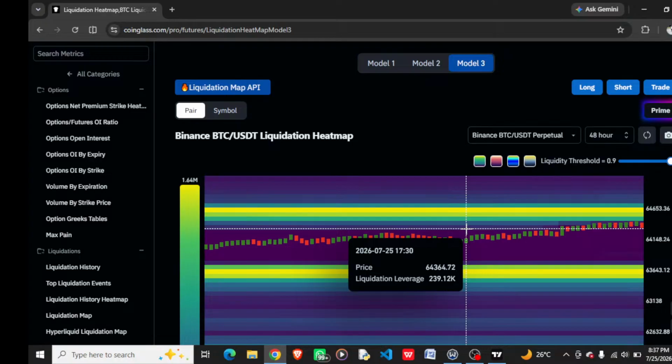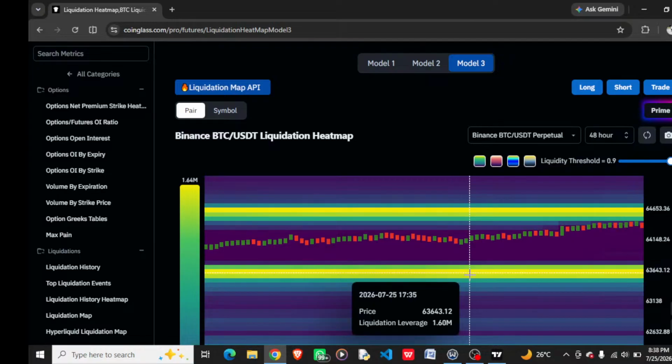What Bitcoin is interested in here is 1.3. That is the highest, 1.3, 1.6. But this place you're having 1.31, 1.61 million US dollars.